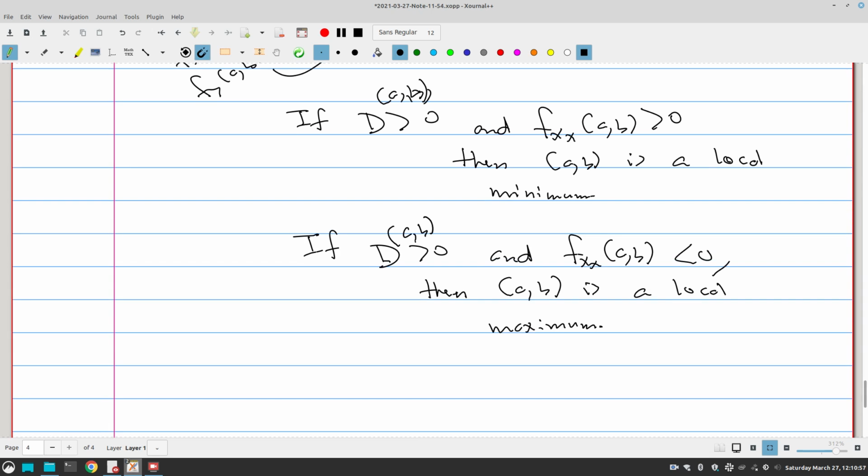Now, if D of (a, b) is less than 0, then (a, b) is a saddle point of f.